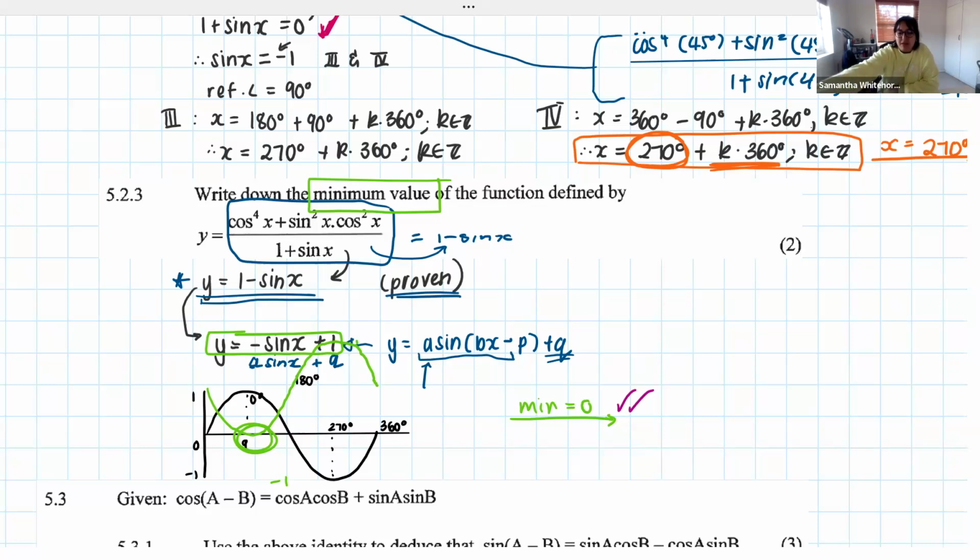Yes, I mean, there must be other ways to do it. So your minimum value would be where x is equal to 0. So if you just substituted in 0 degrees, no, that's not going to work. You still get a y value of 1.